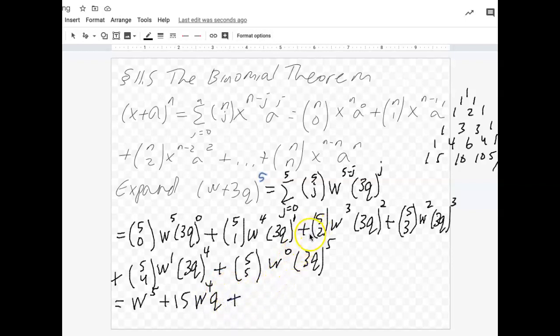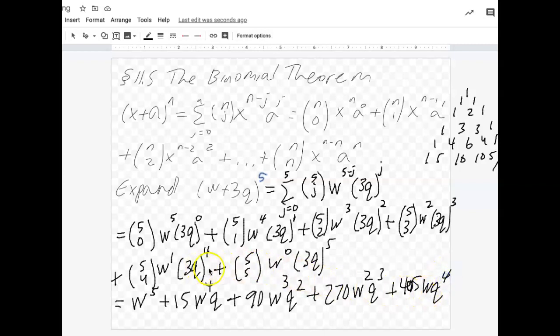plus 5 choose 2 will be 10, and then we have a 3 squared, so 10 times 9 is 90, w cubed and q squared, plus 5 choose 3 is 10, 10 times 3 cubed, 27, so that's 270, w squared q cubed, plus 5 choose 4, which is 5, times 3 to the 4th, 81, 5 times 81 is 405, and then we'll have w and then q to the 4th.